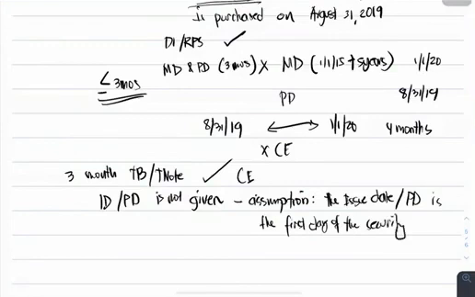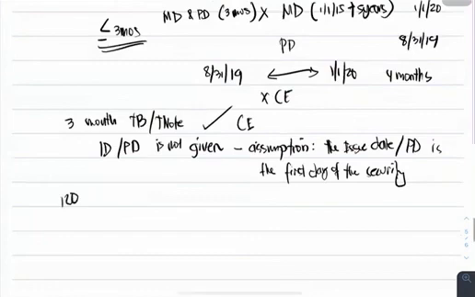Okay, so if that is a 3-month treasury bill, it means that you have purchased it on the first day of the 3 months.